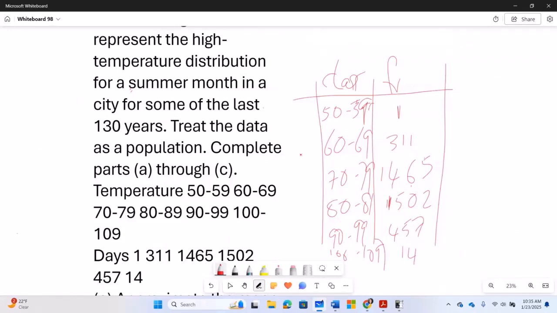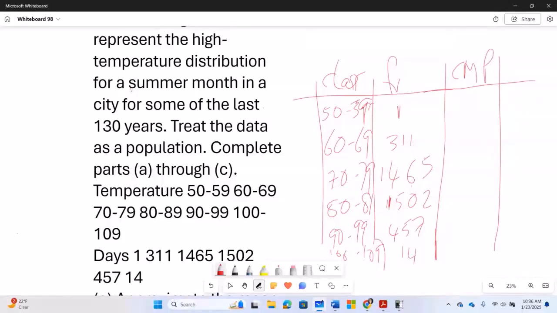So the next thing we want to do is find the class midpoint. Remember, this is a group data. When you're given a group data, you don't really have the raw data anymore. The raw data is thrown away. You're only working with the groups. So the first thing you want to do is create the class midpoint.